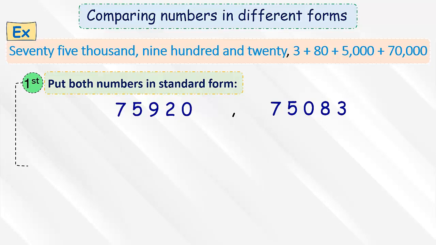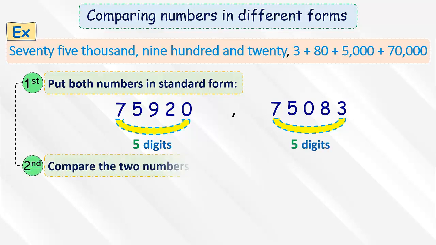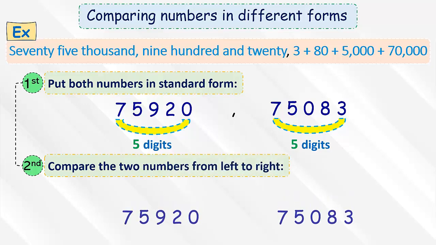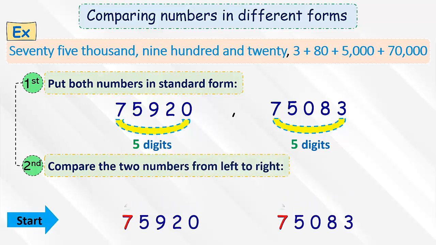Now we begin to apply the comparison rule that we mentioned a while ago. We will find that the first number consists of 5 digits, and the second number also consists of 5 digits. Therefore, we will compare the digits of both numbers from left to right. When we compare the ten thousands digit of the two numbers, we find that they are equal. So we go to the digit before it, which is the thousands.